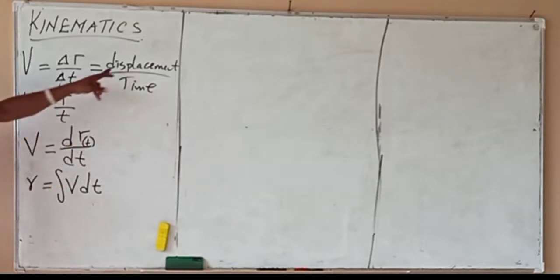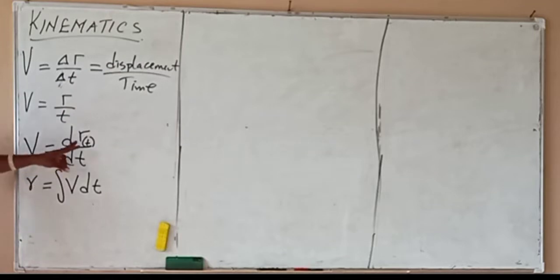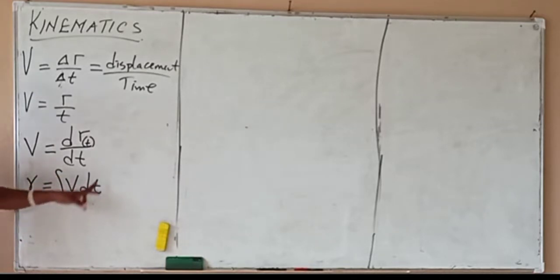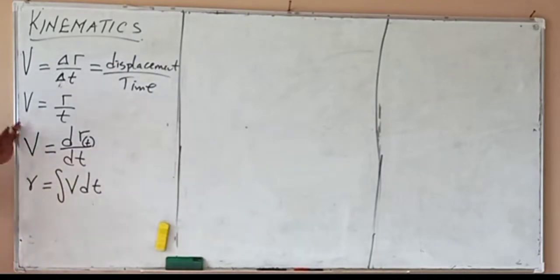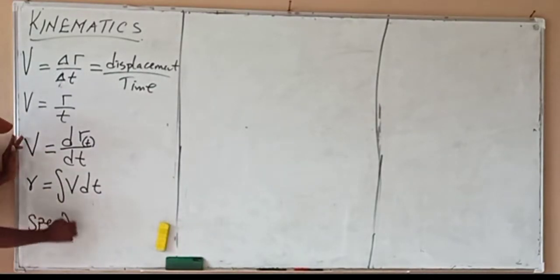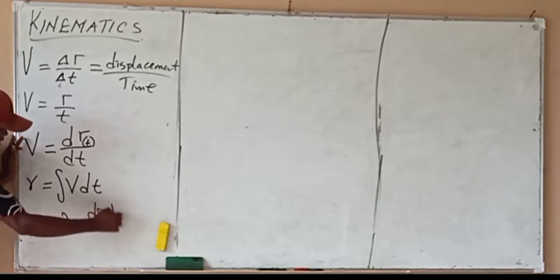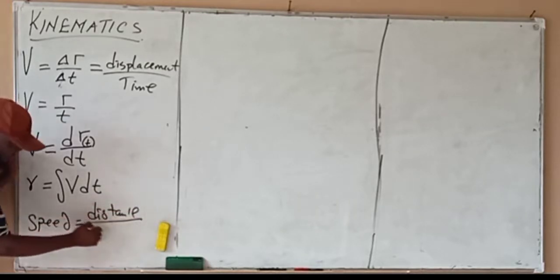If velocity is given as a function of time, displacement is equal to the integral of v dt. Now what about speed? Speed is equal to distance over time.